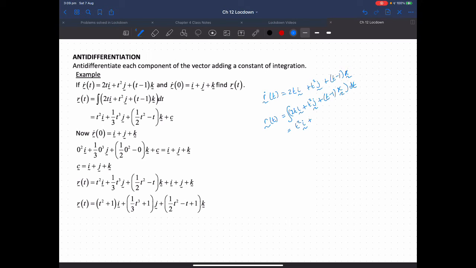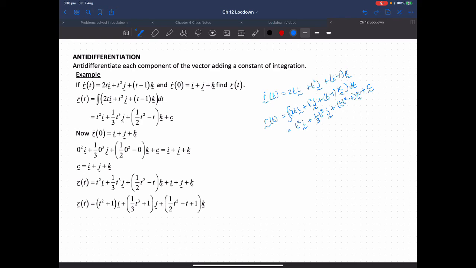The antiderivative of t squared is 1/3 t cubed j. The antiderivative of t minus 1 is 1/2 t squared minus t, k direction, plus our constant. Now our constant is a vector, so I've written it with a tilde underneath the c. That means that it could have an i component, j component, and k component as part of that.